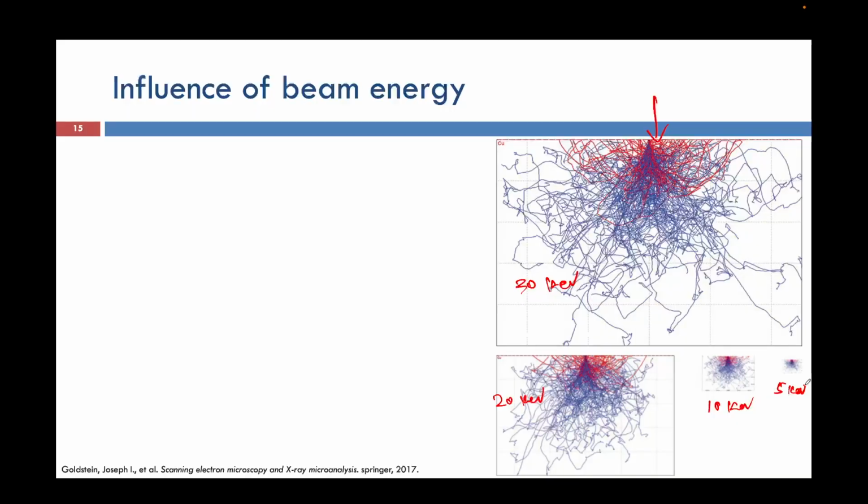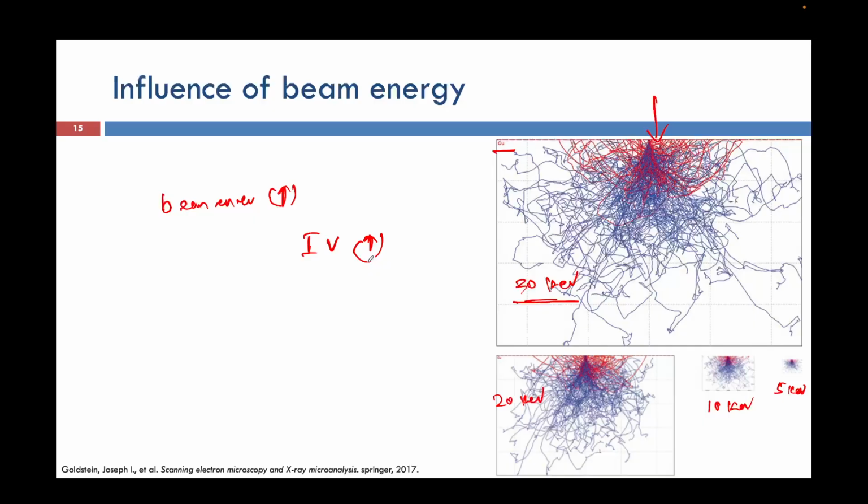Here we are seeing a copper specimen that we have taken. So this is 30 kilo electron volt. As you increase the incident beam energy, the interaction volume will also start increasing. Okay, so interaction volume increases as we are increasing the beam energy, right?